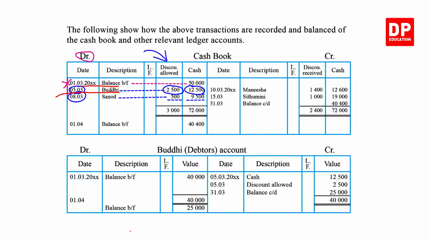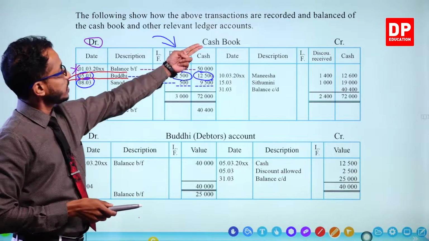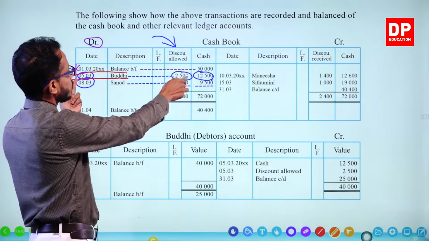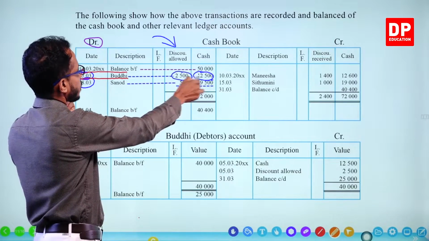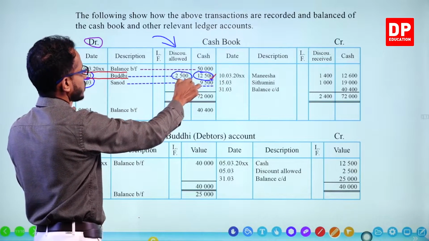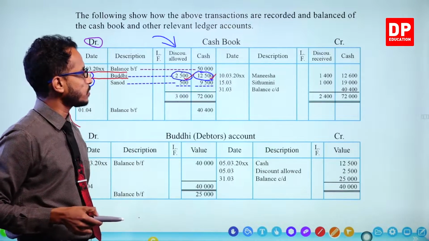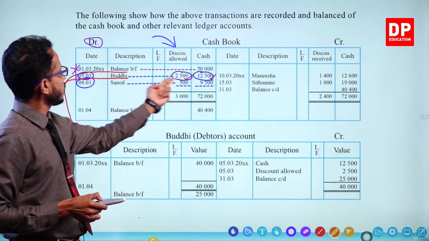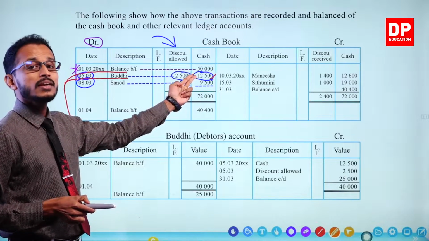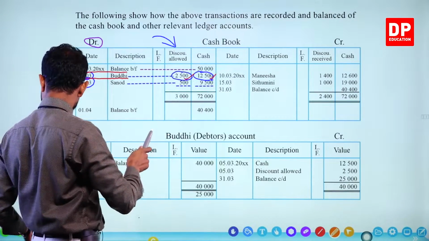Which side? Cash book is debited, saying Buddhi. The 12,500 received amount and the 2,500 discount amount is debited. That means Buddhi's account should be credited. That's right.